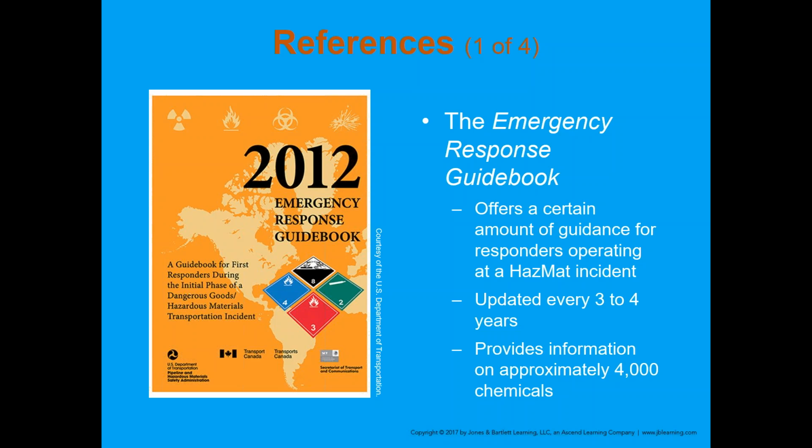Like I said, that guidebook is a very useful tool. It has 4,000 different chemicals in there. It's continually updated every 3 to 4 years, so realistically, it should be updated this year.